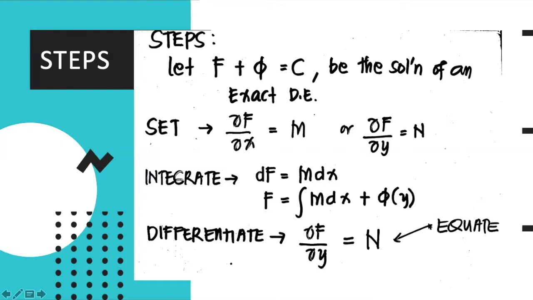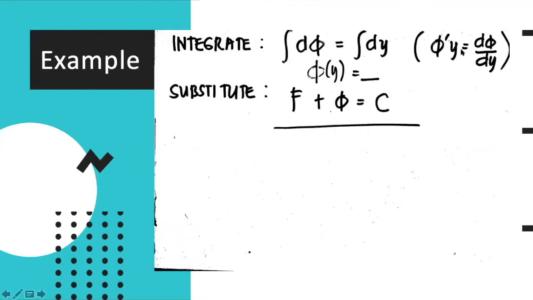After equating to N, it will give us an equation phi prime of y equal to a pure function of y. So the next step will be to integrate. You know that phi prime of y is equal to d phi over dy. You separate the variables there, and this part of our solution will give us the value of phi.